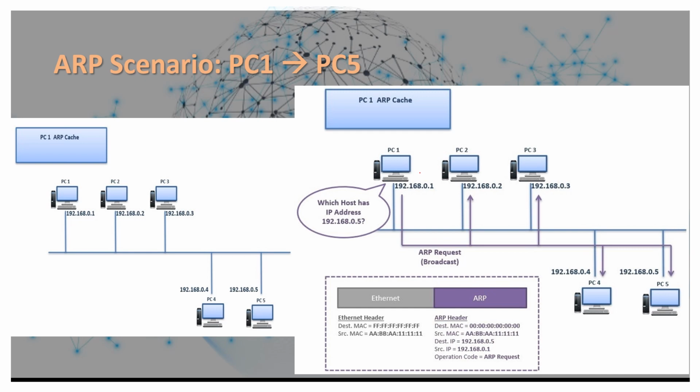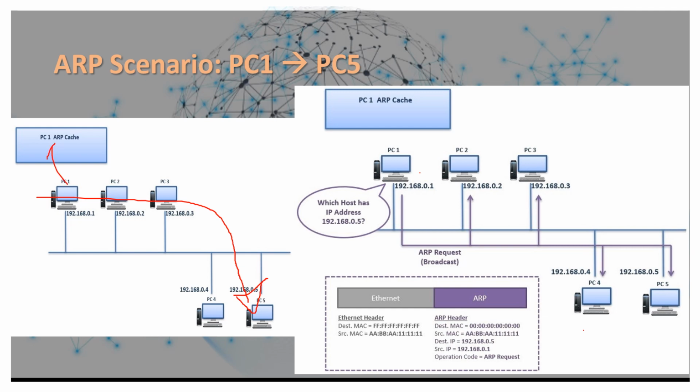Here, let's see a scenario. I have 5 PCs connected in a bus network, and PC1 wants to communicate with PC5. How is it going to communicate? PC1 is already aware of PC5's IP address, so it will check for the MAC address in PC1's ARP cache.